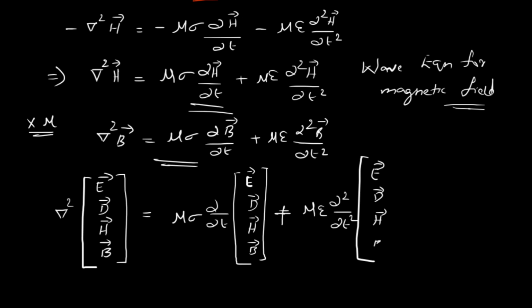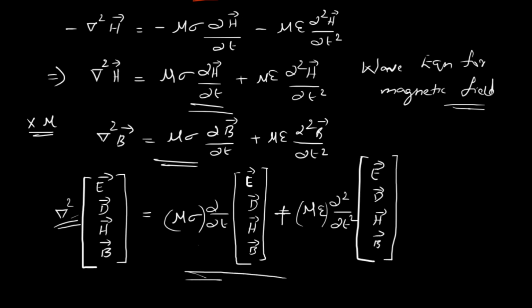Now we will get a clearer picture of this. The double variation, that is del square, of these parameters is equal to mu sigma of the medium multiplied by the time variation of the same parameters, added with mu epsilon of the medium into the double differential of the same parameters.